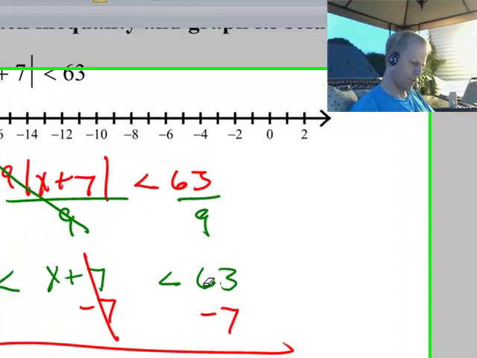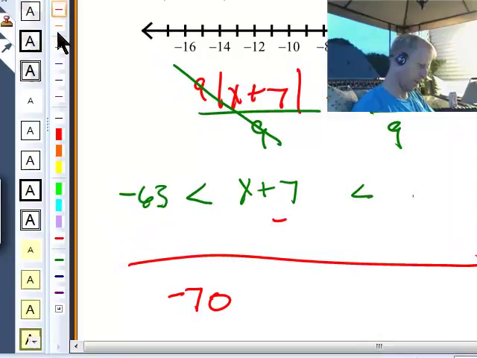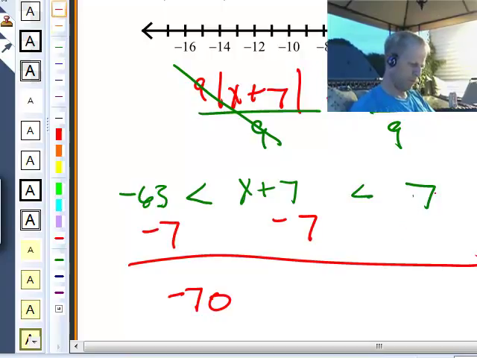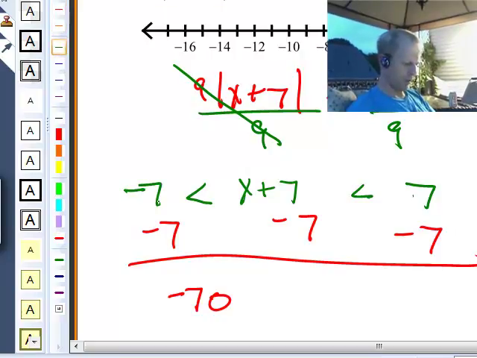Oops, I see what I did. Forgot that 63 divided by 9 is 7, not 63. Okay, much better. And it also means this is actually negative 7 as well. Much better, hopefully.